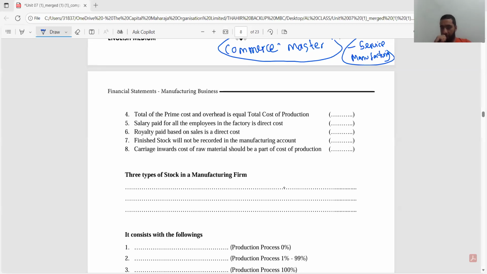Can anyone tell me? Yes, everyone is saying it's false. Why is this wrong? Total of the prime cost and overhead is equal to total cost of production. If it is wrong, why is it wrong?